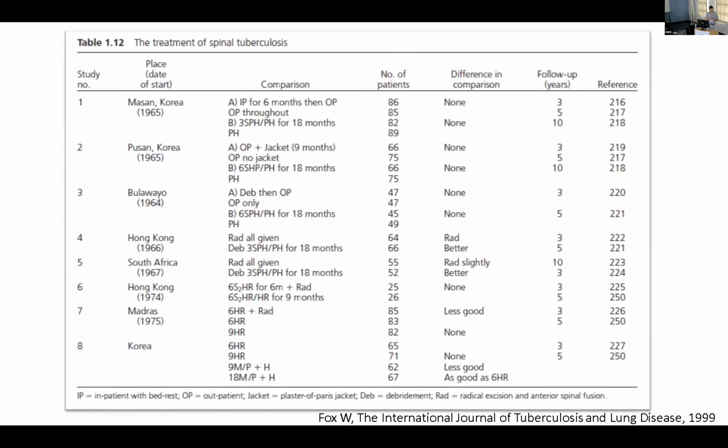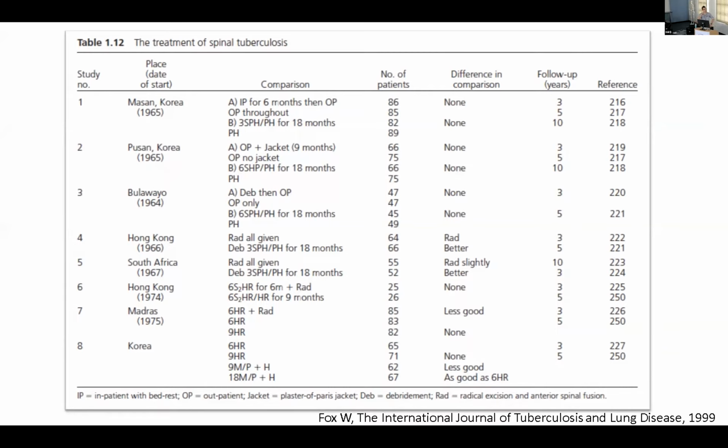Okay, and then let's go back to this Fox article and look at the treatment of spinal tuberculosis. We've gone from 1965 to, if I'm not mistaken, 1993. So there's quite a lot of studies being done, in multiple different countries, and way over here, South Africa for us. The problem is that reading into this data is difficult, because of the heterogeneity of the studies and comparison.